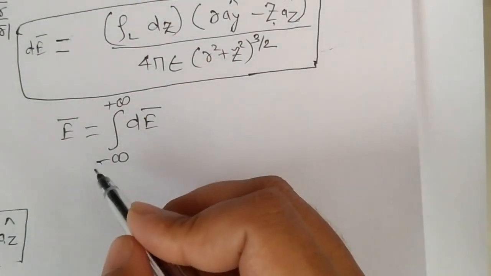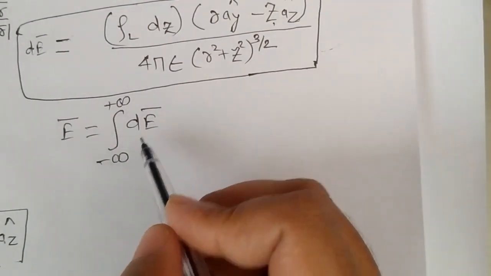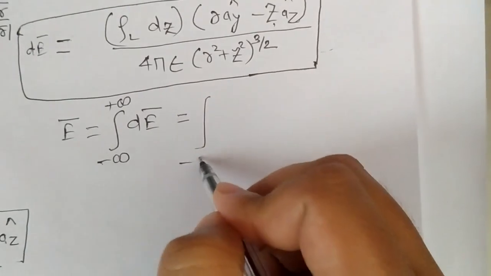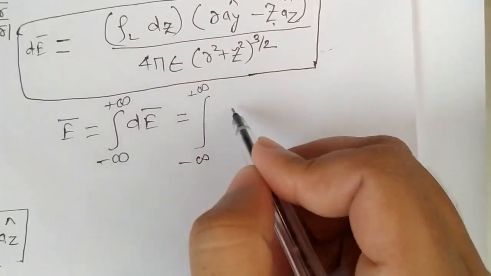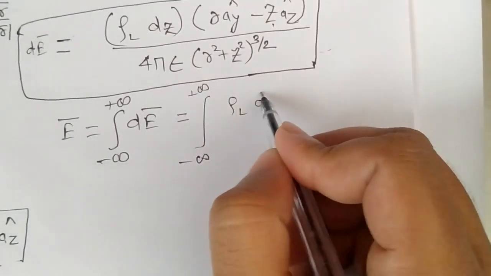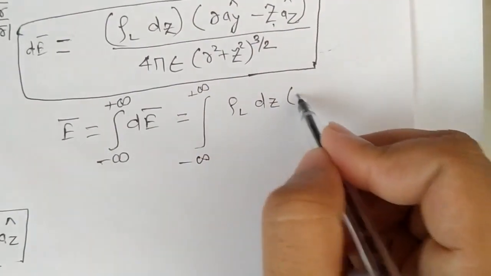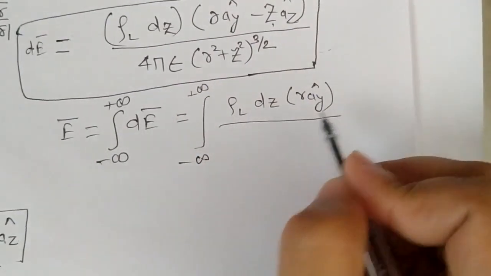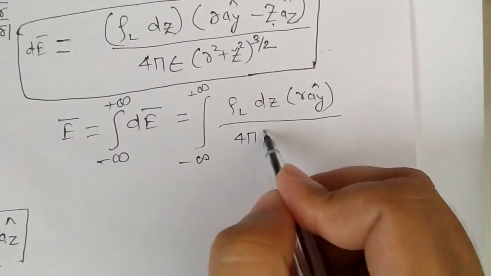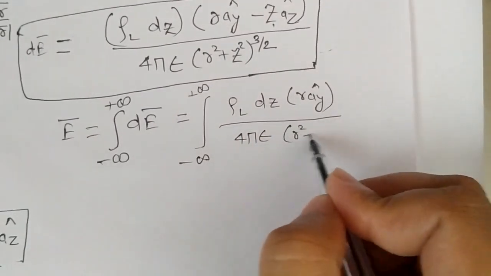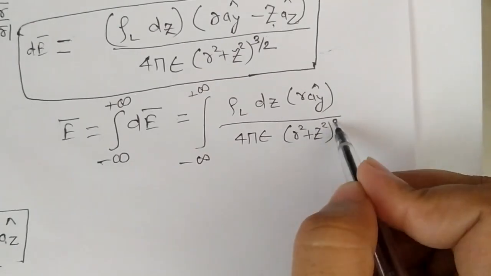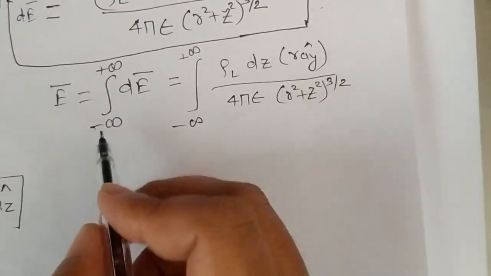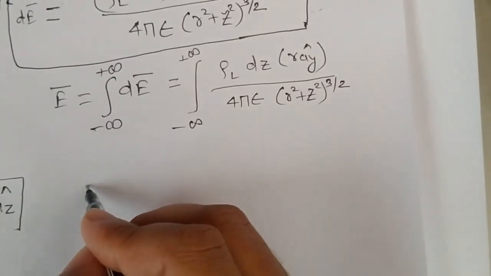Therefore this E bar equals the integral from minus infinity to plus infinity of dE bar, which equals the integral from minus infinity to plus infinity of rho L into dZ into R cap divided by 4 pi epsilon into (R square plus Z square) raised to the power 3 by 2.